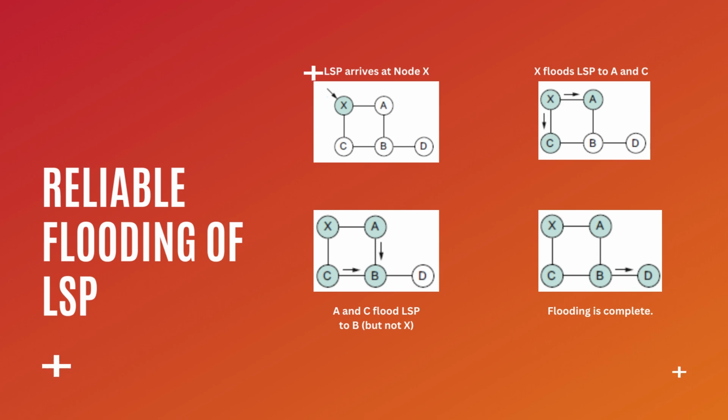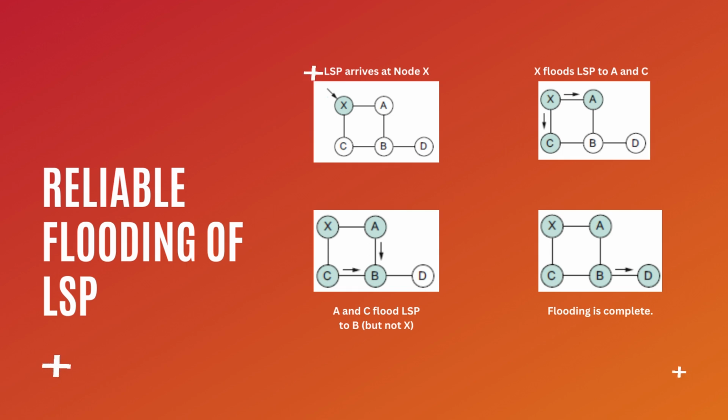See, node A now shares this information with node B. Node C will also share its link state packet with node B. In this case, node B is receiving the link state packet from two nodes, node A and node C. Now node B will look at the sequence number of the received link state packet. If the sequence number is higher than that of the link state packet information that it has already stored, then it considers that the newly arrived link state packet has the updated information about the network.